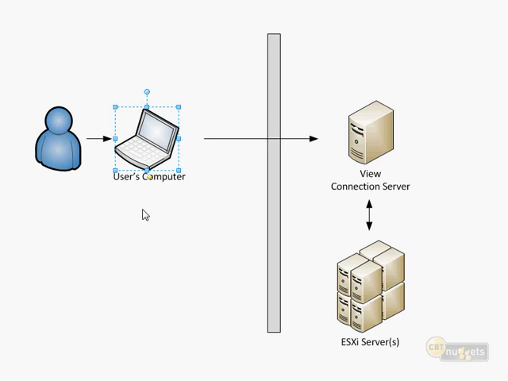So one of the very, very important concepts that I hope you take away from this nugget and from this entire series is that the implementation of a virtual desktop infrastructure, of desktop virtualization, does not mean getting rid of endpoints, does not mean getting rid of some sort of device that sits down at the user's cubicle. You have to have something that sits there to receive that desktop.